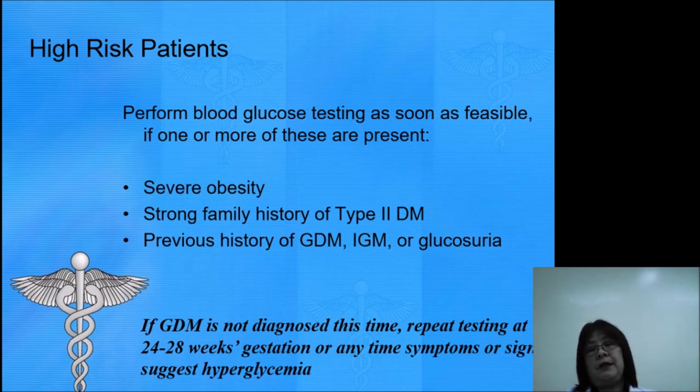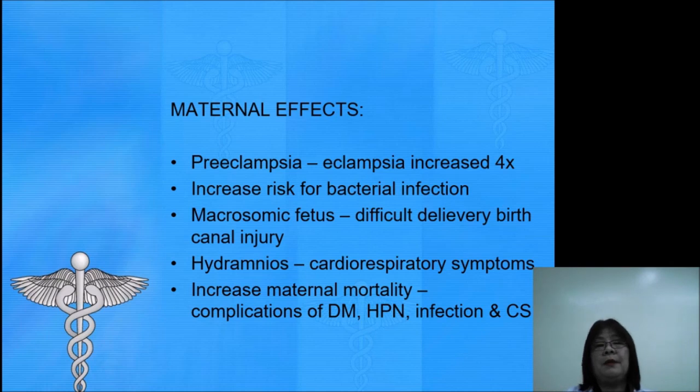If GDM is not diagnosed at this time, you can repeat the test at 24 to 28 weeks. Or if the test is still normal at 24 to 28 weeks, but later on in pregnancy you see signs and symptoms of hyperglycemia like a large baby or polyhydramnios, you can still repeat the test.